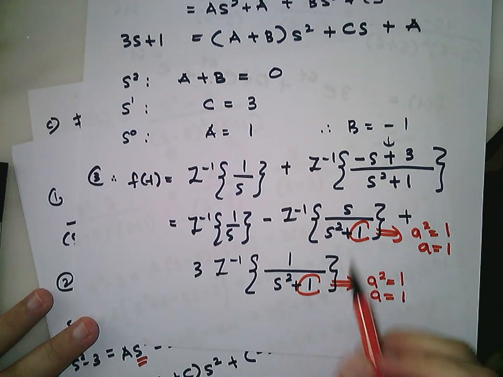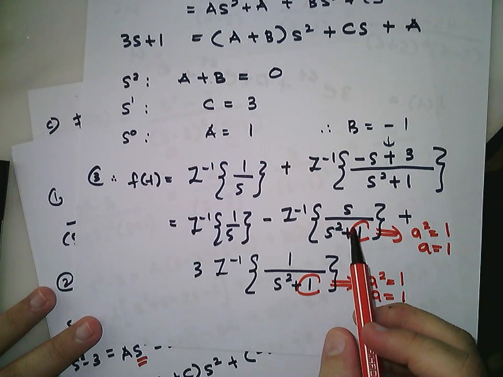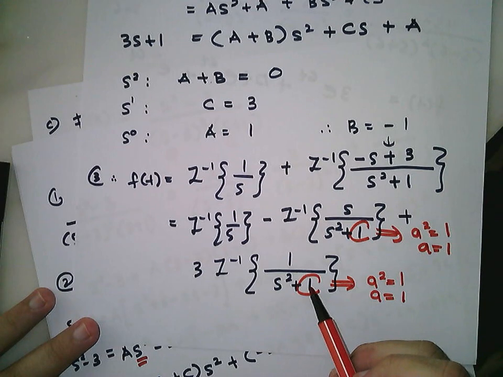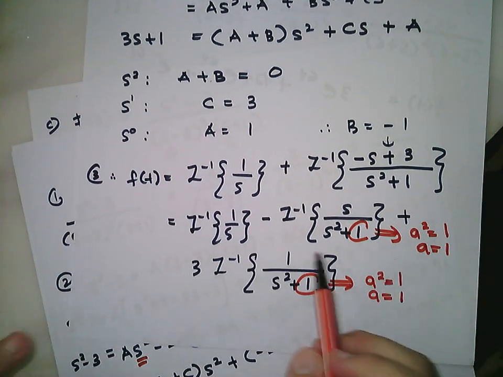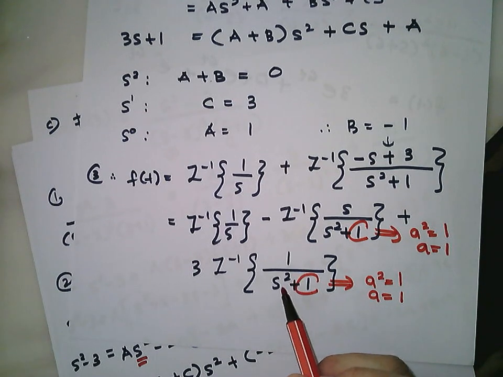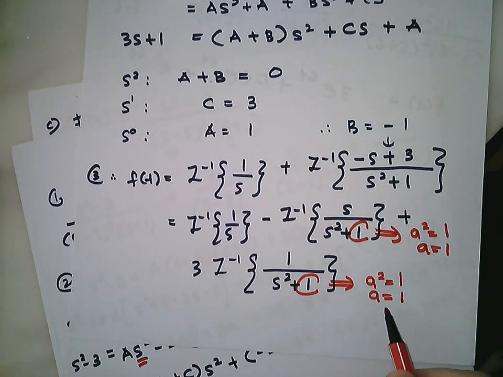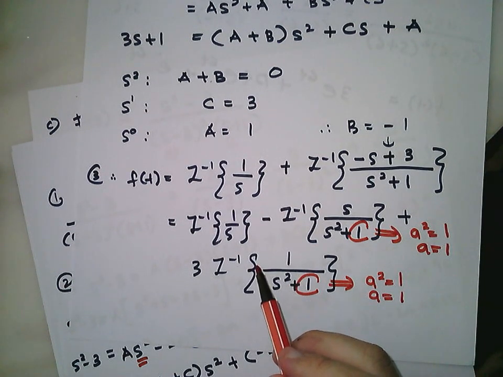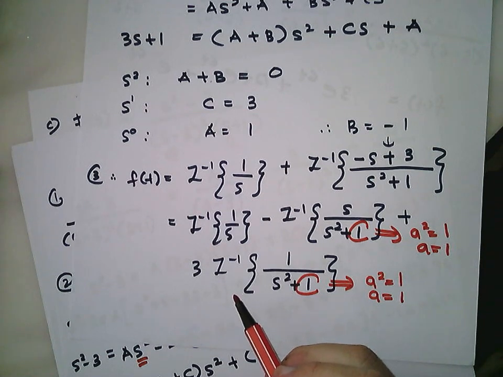This one will become the cos function, and this is the sine function. Remember, when we're dealing with the sine function, it should be a over s squared plus a squared. Since your a is equal to 1 and this one is already 1, you don't need to multiply or divide by a constant.